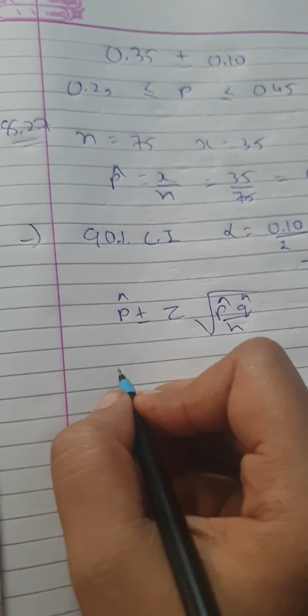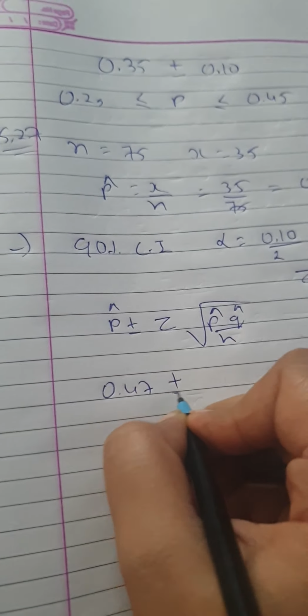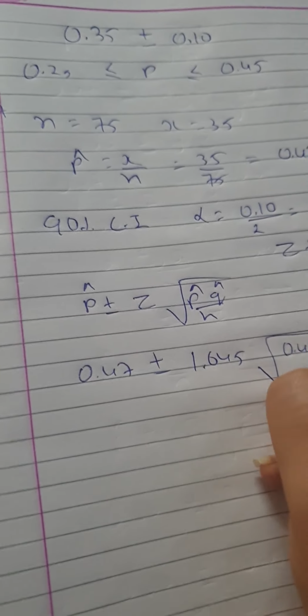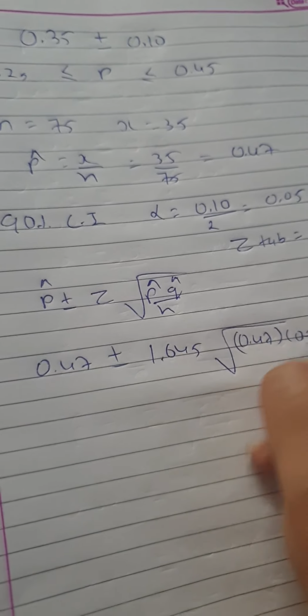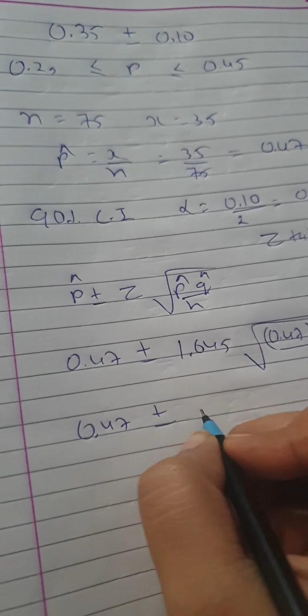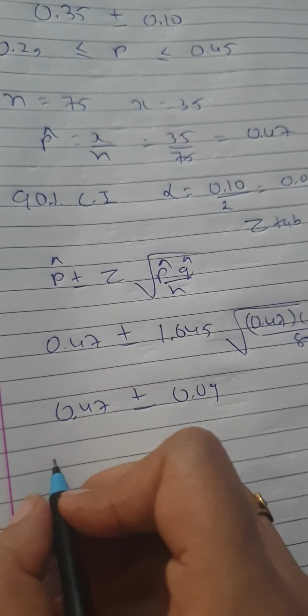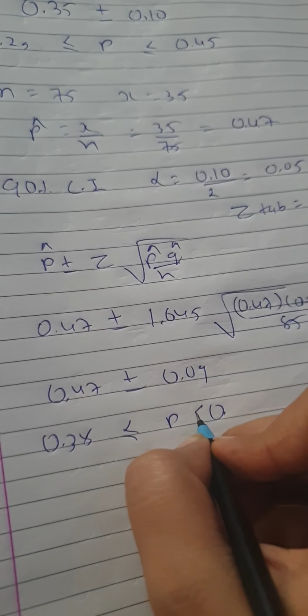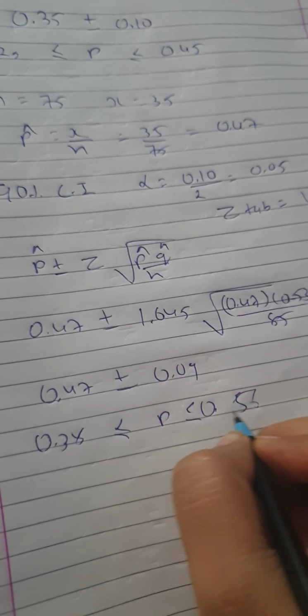Your P cap is 0.47 plus or minus 1.645, 0.47 into 0.53 upon 75. So 0.47 plus or minus 0.09. So your range will be 0.38 to 0.56.